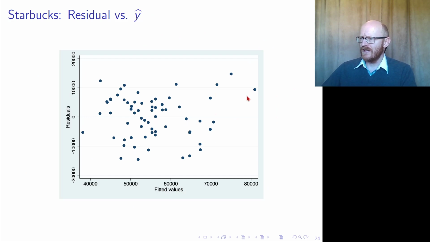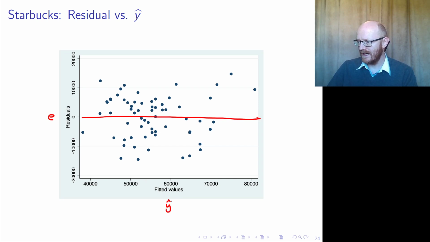So, for example, from the Starbucks case, we have the e's here, and the residuals should be centered at 0. Okay, and you have the fitted values, the y hats, and if you look at the scatter plot, then there is no obvious pattern.